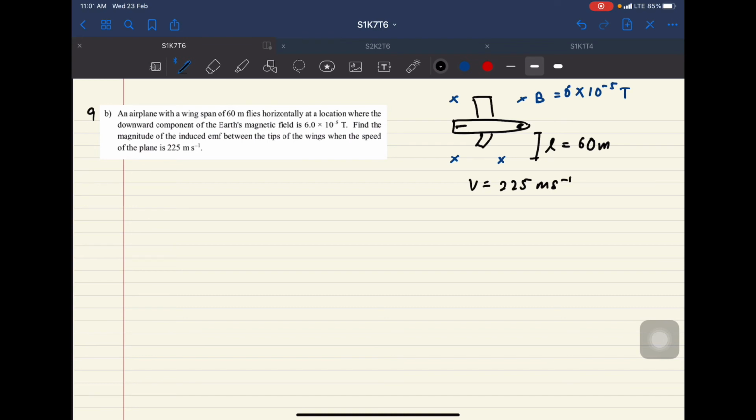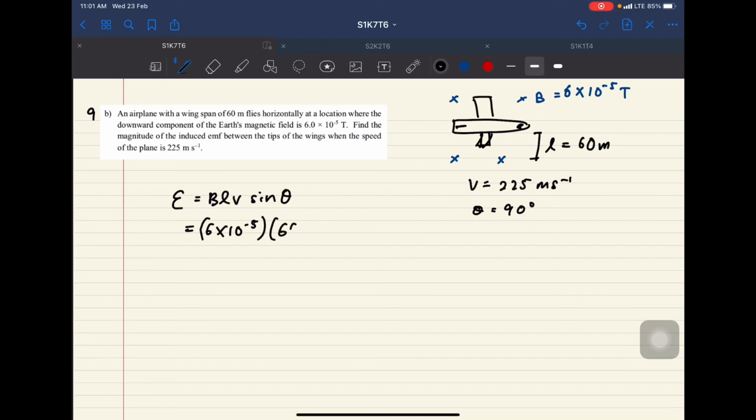So velocity to the right, magnetic field downwards, into the page. So angle theta is equals to 90 degrees. Again, you want to use the same formula because this is a moving straight conductor across a magnetic field. I mean, the wing should be straight lah. So BLV sine theta, magnetic field 6 times 10 negative 5.